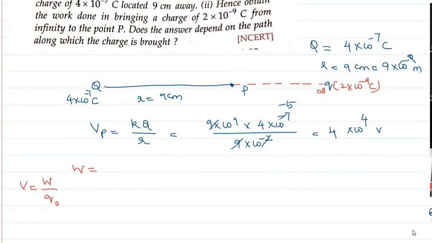So if you want work done, then Q naught into V. Can we do that? So what is the V value? Q naught is given as 2 into 10 to the power minus 9. What is the potential value? 4 into 10 to the power 4. So on calculating, 8 into 10 to the power minus 5. 9 minus 4.